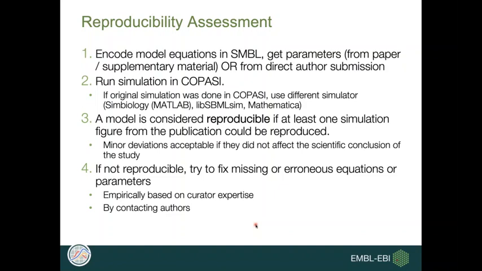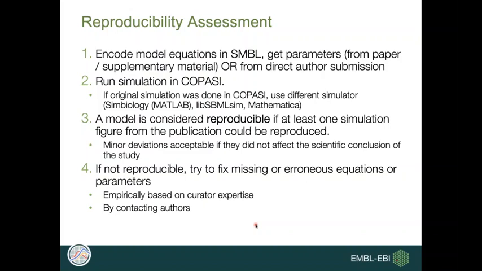When a simulation figure is not reproducible, when a model is not working, we try to fix it. We try to empirically look for errors in the model. Let's say the modeler might have made a mistake in reporting. Instead of 0.1, he could have reported a parameter as 0.01. So we try to play around and see if there is any problem.